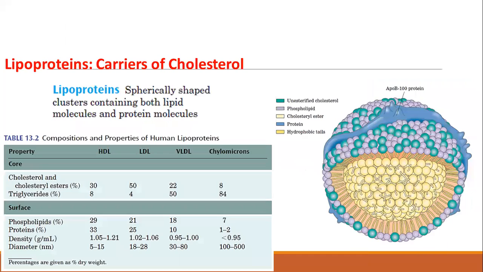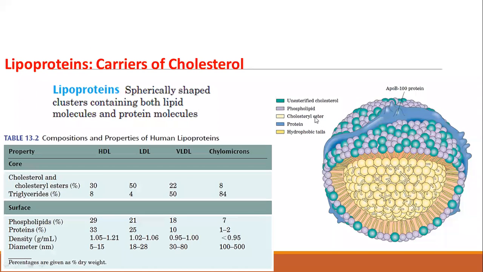So there is what we call lipoproteins. Lipoproteins are spherically shaped clusters containing both lipid molecules and protein molecules. So this is our lipoprotein here. You can see in the structure, you have your protein part and you have your lipid molecules. You have your cholesterol ester, you have your phospholipids in purple here.